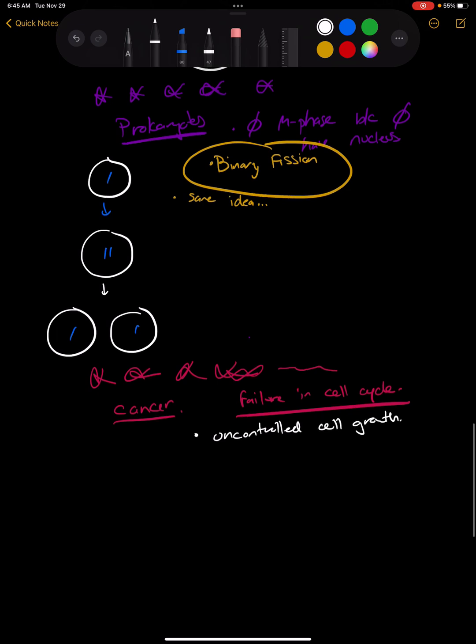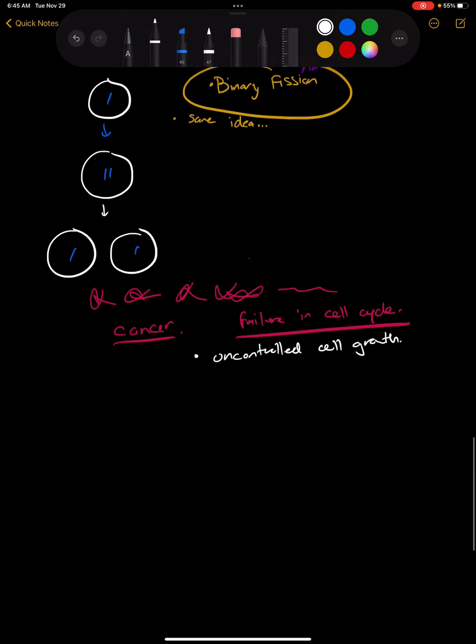If I start doing this cell cycle and there are no checkpoints involved, that means my cells are just going to keep growing and growing and growing. They're uncontrolled. This is going to result in a tumor, and a tumor is just abnormal growth. That's all it is.